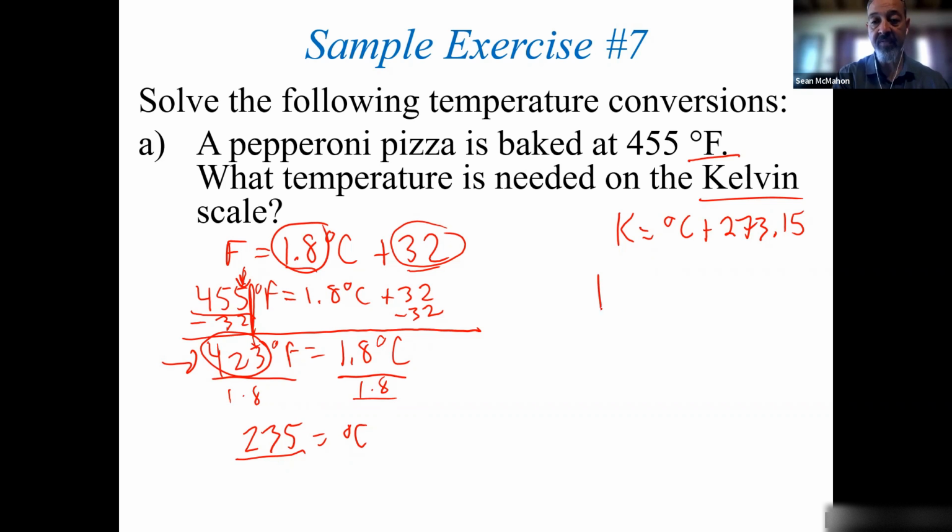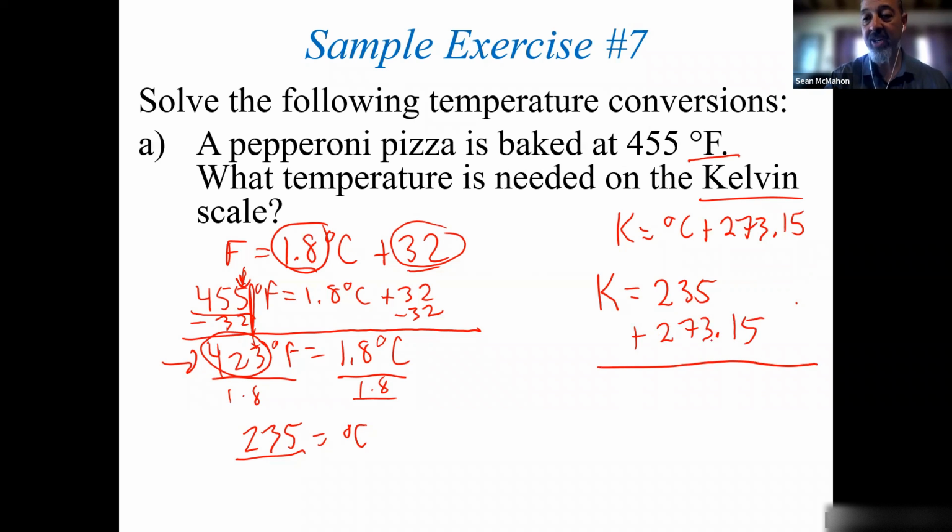And now for Kelvin, what do I do? I add 235 plus 273.15, but I'm not using the .15, and I'll erase this because it's part of the formula and I'm treating that as exact. I'm not using this because I'm treating it as exact.